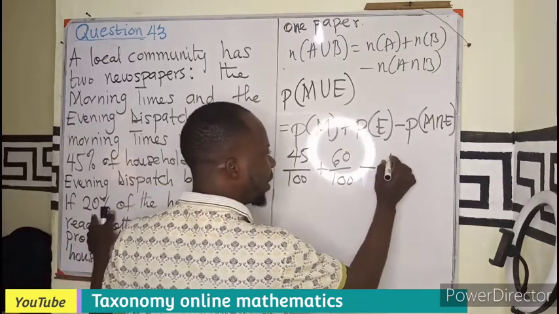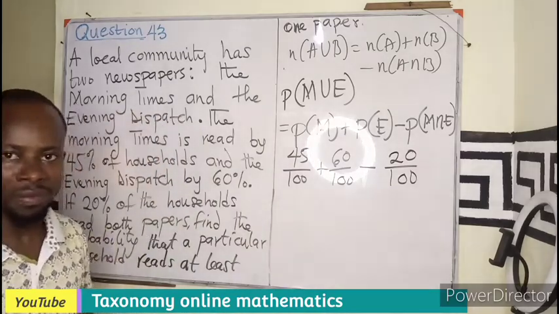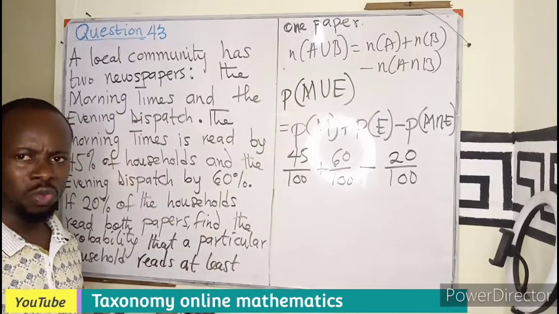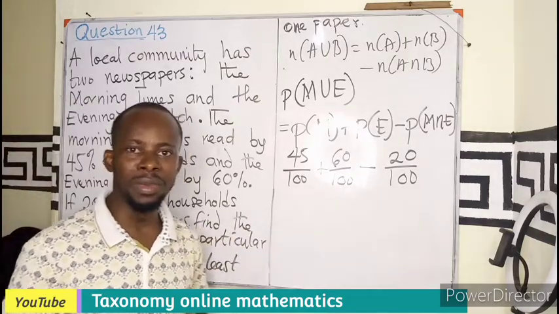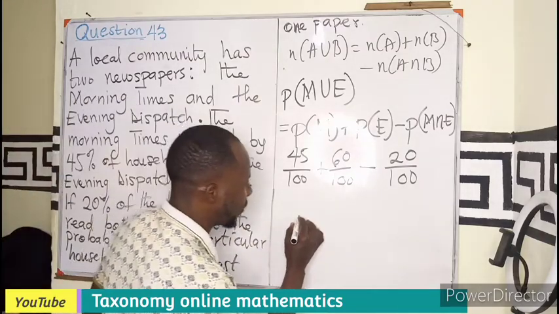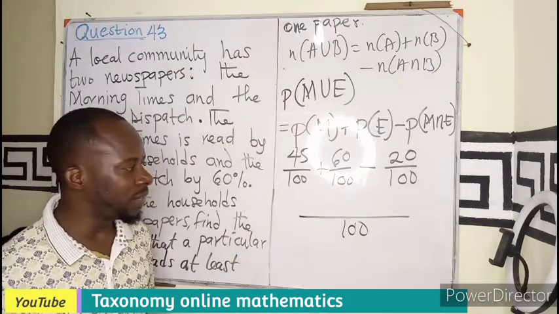So that is going to be 20%, that is 20 over 100. I can see that they all have the same denominator, so I'll have my denominator to be 100 as LCM.